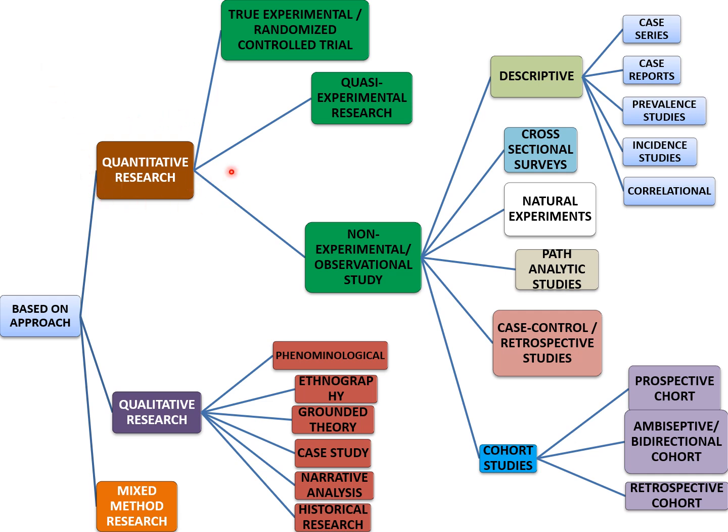Quantitative research is further classified into three: true experimental or randomized control trial, where randomization, manipulation and control are there; then quasi-experimental research, where manipulation and control will be there but without randomization; and third, non-experimental or observational studies. All three are further divided. True experimental and quasi-experimental, we will see in detail in some other videos.